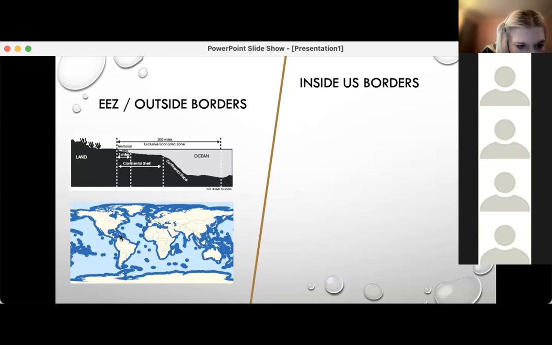This is even part of the reason that the US still holds on to some of its colonies, Puerto Rico, Guam, the US Virgin Islands, because by having Puerto Rico and Guam as technically part of the United States, we get access to the waters around those islands, and they become our outside borders, like water borders.